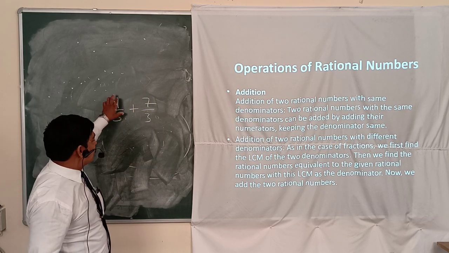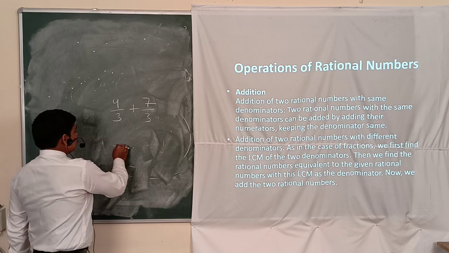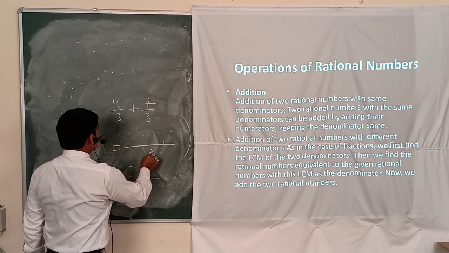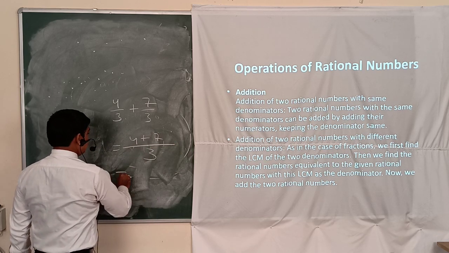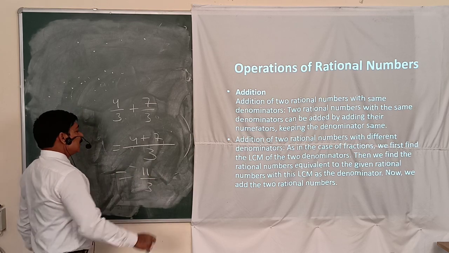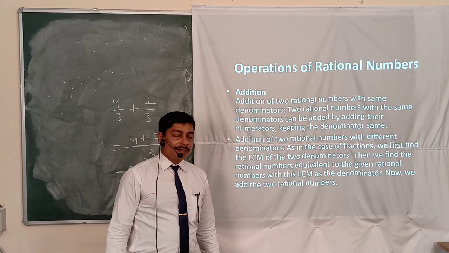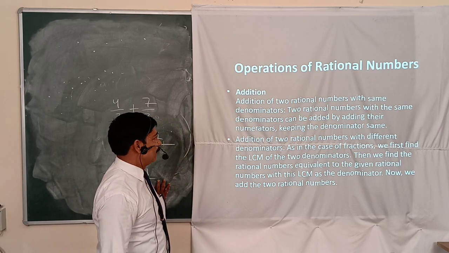Here the denominators are the same. So when the denominators are the same, we write the common denominator and simply add the numerators. Here you will get 7 plus 4, 11 by 3. So when the denominators are the same, simply add the numerators and write the common denominator.